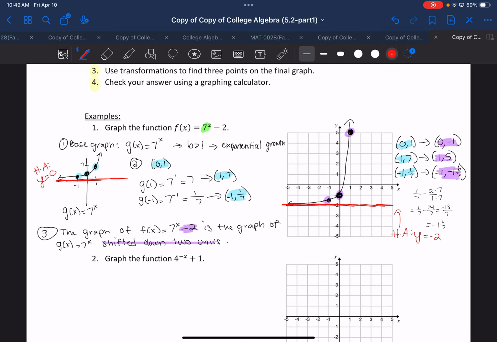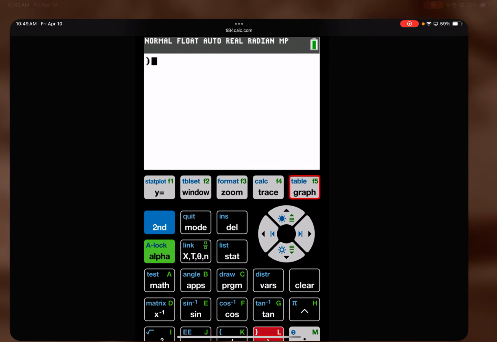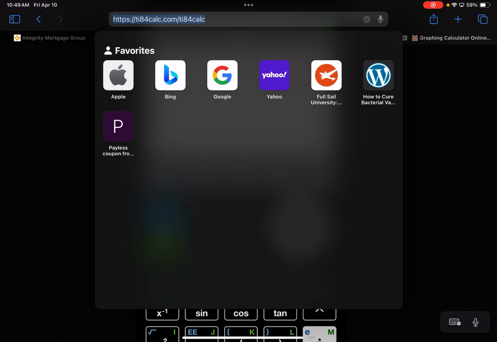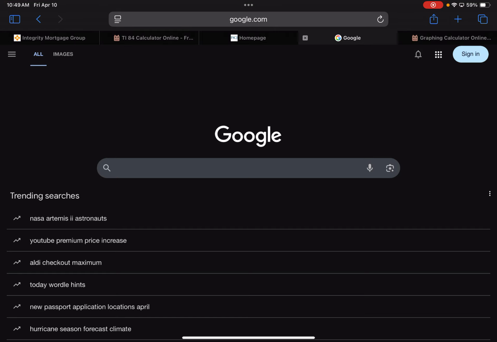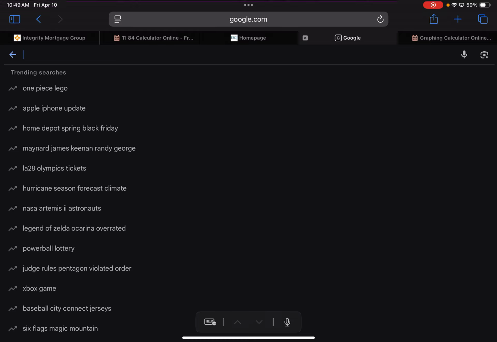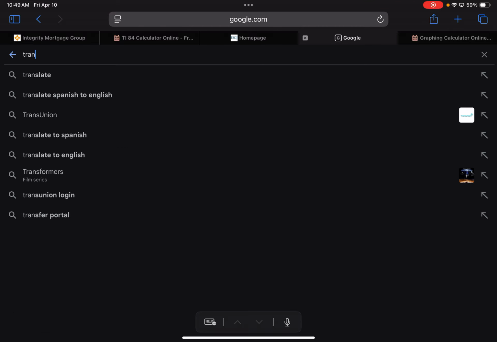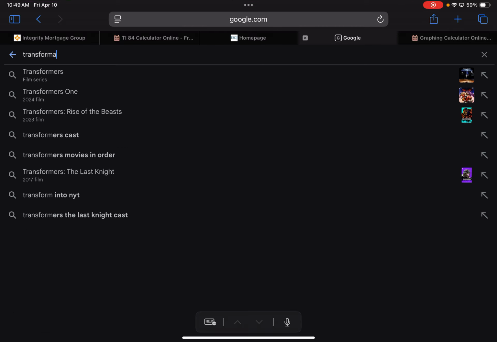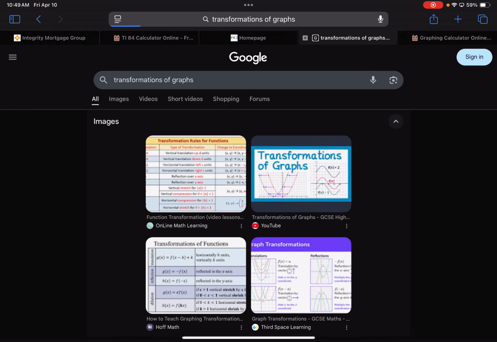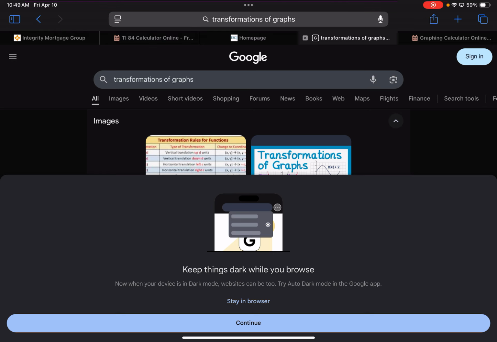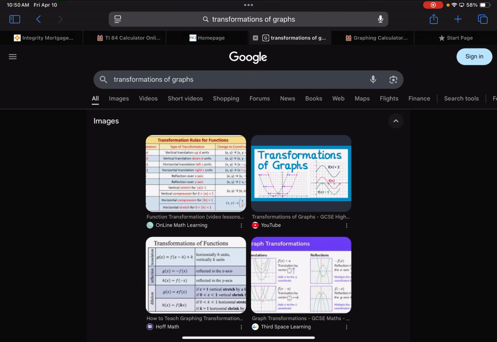If you go to Google, and you type in transformations of graphs, I don't know if it is the same for you, but for me, that first image pops up.